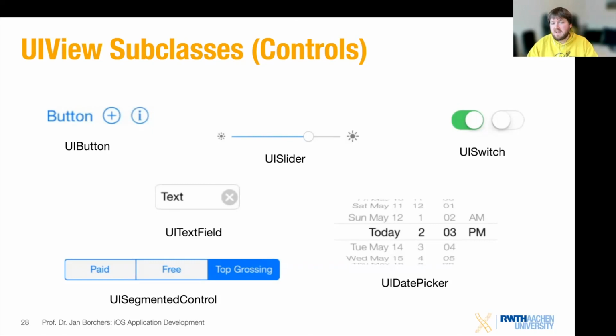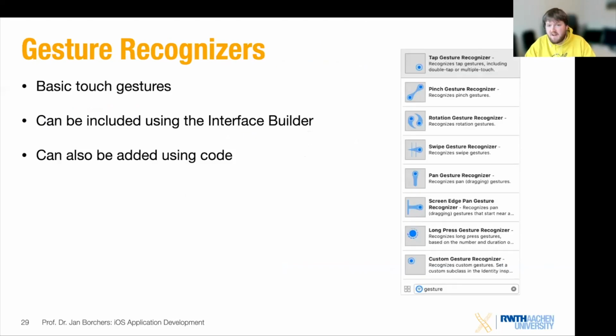But in many cases, you want to allow for more. And for that, you already have gesture recognizers for basic touch gestures. Some already exist in Interface Builder that you can simply drag onto your interface and interact with similar to the other controls.